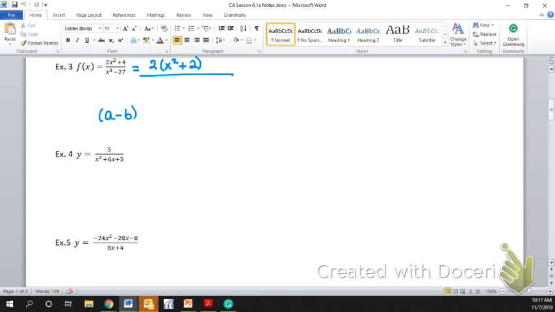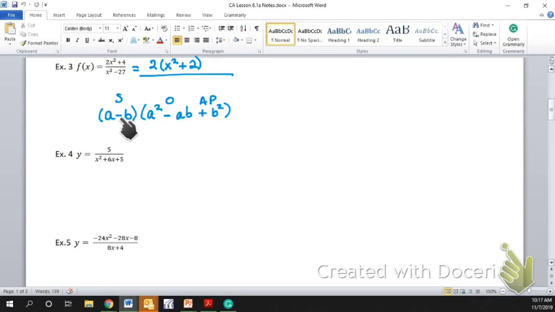If you think of sum and difference of cubes, the formula looks like this. A minus B times A squared. Remember the SOAP thing? This sign is the same as this one. O means opposite, so this sign's the opposite. Then I have A times B, and the last sign is AP, which stood for always positive, B squared.